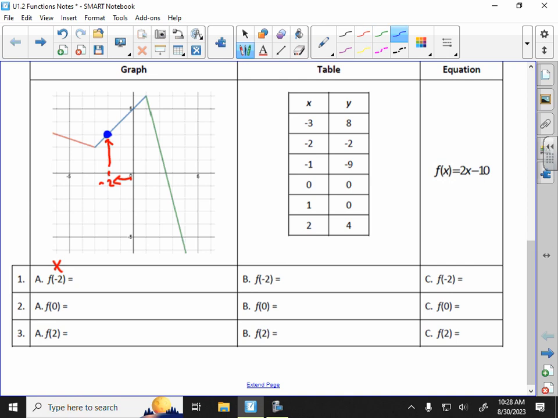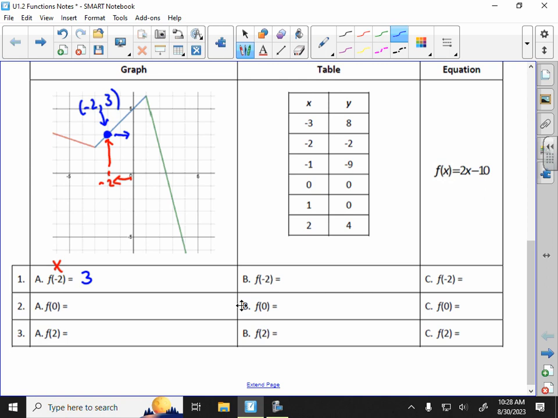So it's right here. And so what we want is the y value that corresponds when x is -2. So this ordered pair right here is the point -2, 1, 2, 3. So when x is -2, y is +3. All right, so again, they're giving you x, they want the y.